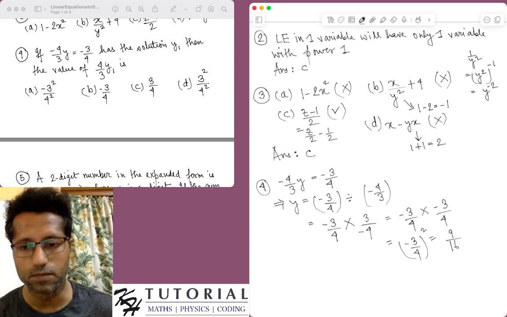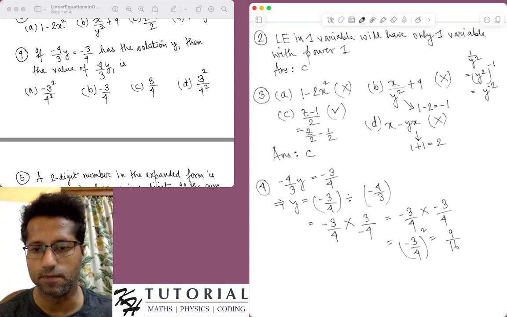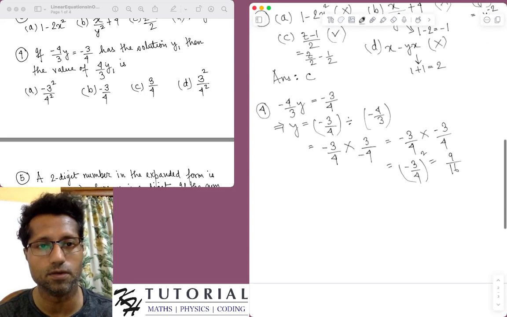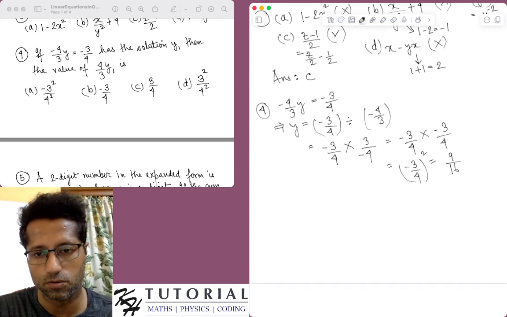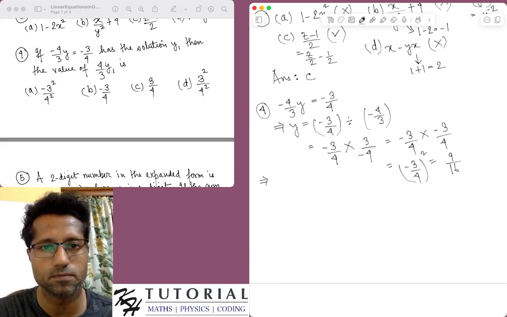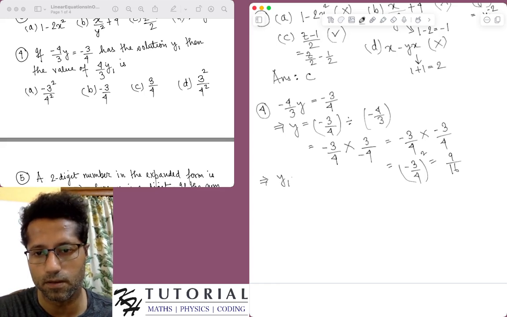So the solution of the given linear equation is 9 by 16, and as per the problem statement, y1 equals 9 by 16.